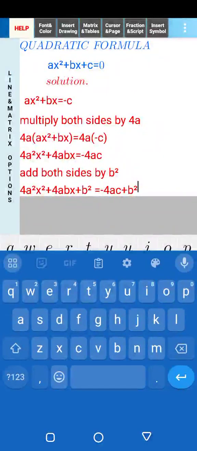So you see, we add b squared to both sides.